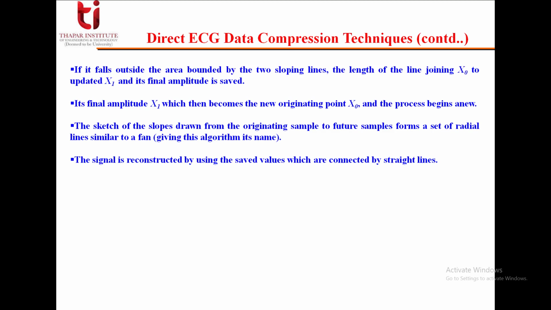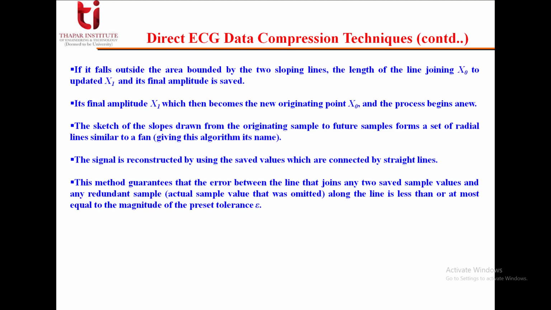The signal is reconstructed by using the saved values, which are connected by straight lines. This method guarantees that the error between the line that joins any two saved sample values and any redundant sample, that is the actual sample value that was omitted along the line, is less than or at most equal to the magnitude of the preset tolerance epsilon.